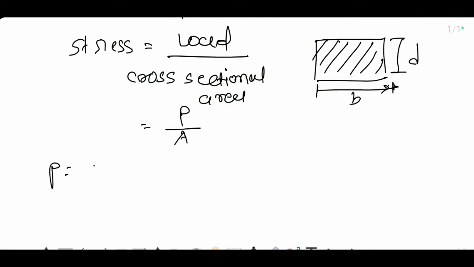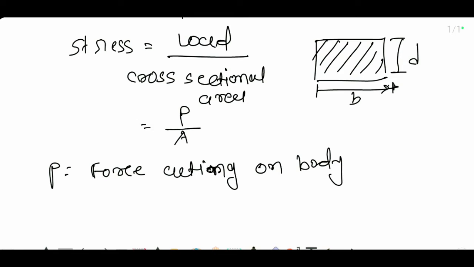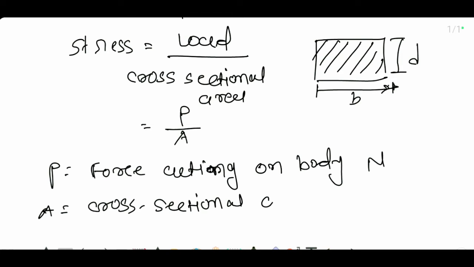P is equal to the force acting on the body in Newtons, and A is equal to the cross-sectional area in meter square or mm square.